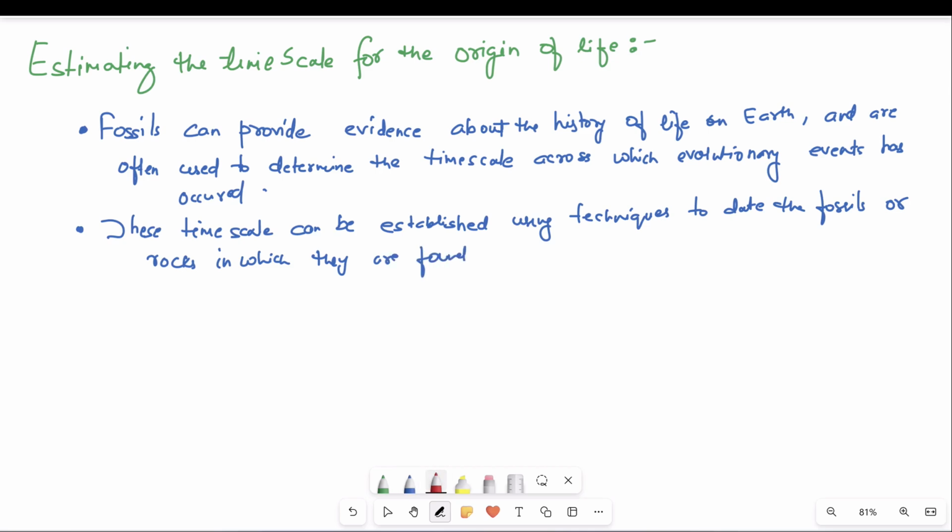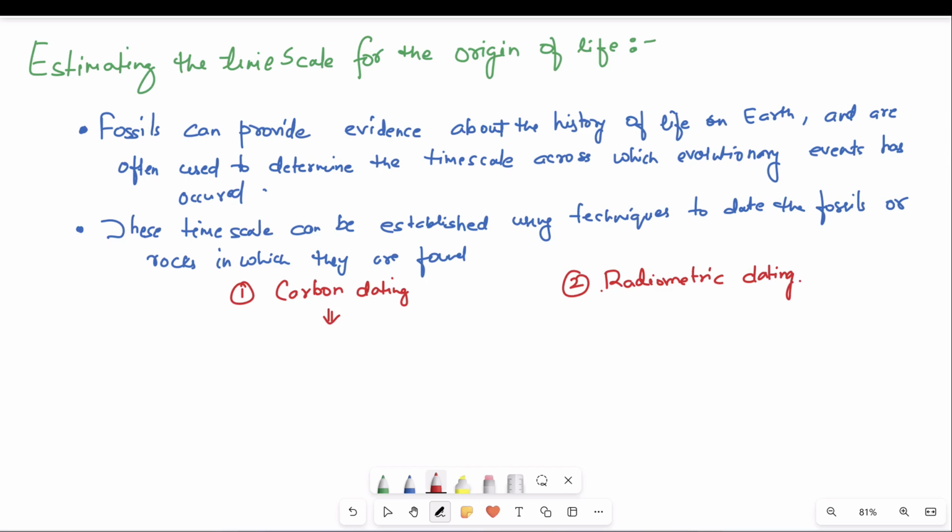So what are the methods we have to find the age and all? First method is carbon dating. Second method is radiometric dating. In carbon dating, what happens?